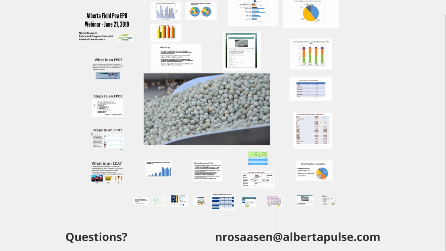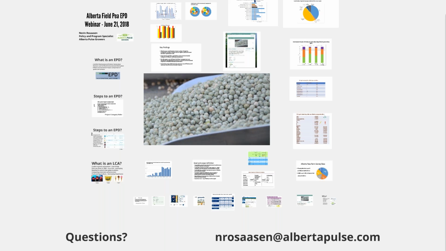Other tools, of course, Alberta Pulse Growers has been working with our sister commissions at Alberta Canola, Alberta Wheat, Alberta Barley, and we've just come out with a new sustainability tool as well that is above and beyond the environmental farm plan in some aspects, because it covers some of the social and economic indicators that are used. And this relates to different sustainable sourcing platforms or schemes, programs that exist around the world. So that's another tool that relates to sustainability.